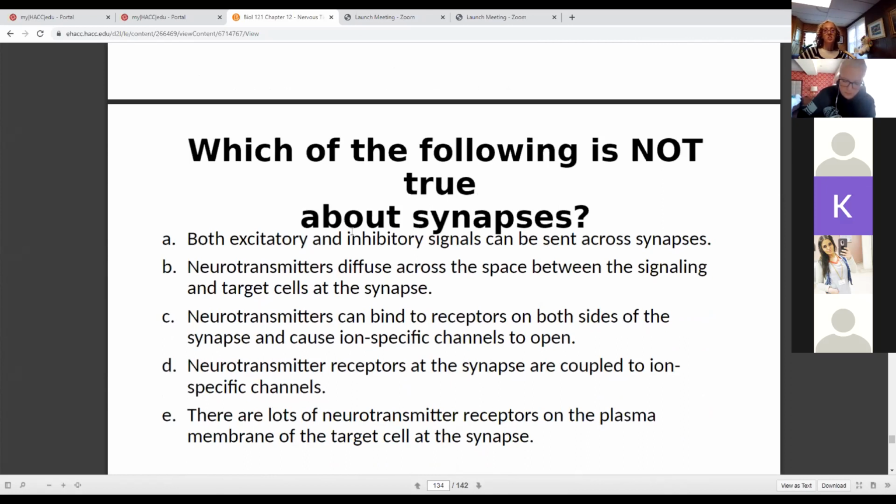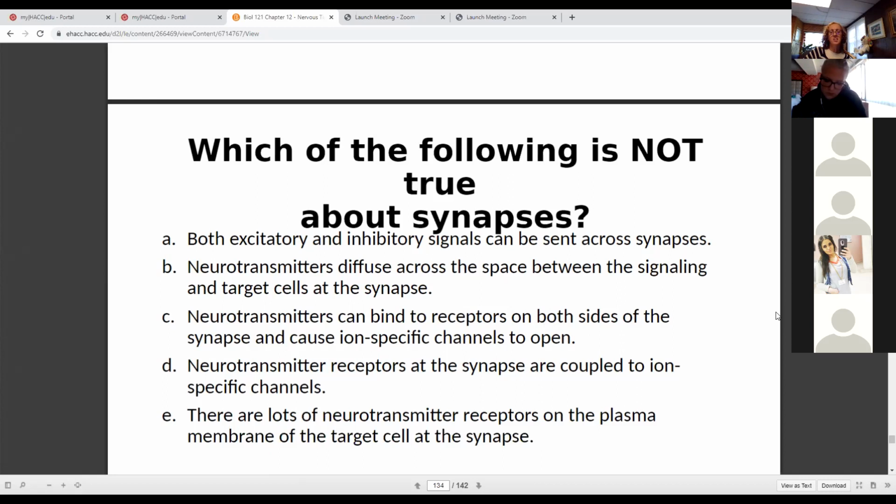Which of the following is not true about synapses? Someone besides Caitlin. In a minute, I'm going to call on somebody. I'm not 100% sure, but would it be C?